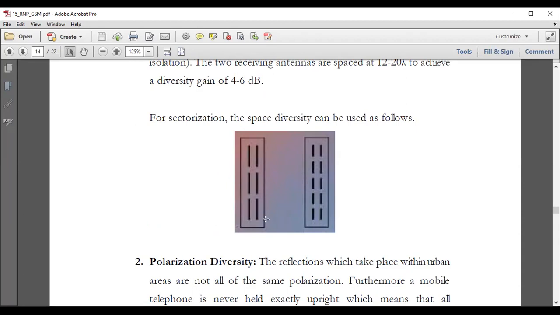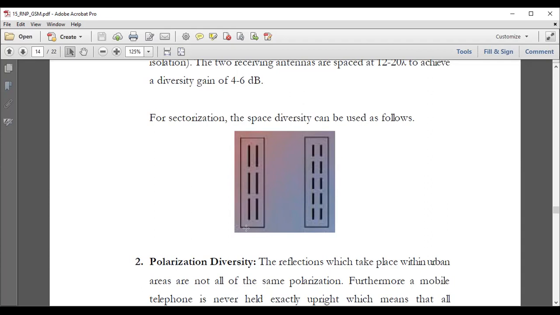The two casings are used to support two different frequency bands, like 900 and 1800 bands, which have quite different requirements for the antenna elements, the sizes of the antennas. You know that for higher frequencies, the wavelength is smaller, so the antenna elements will also be smaller.